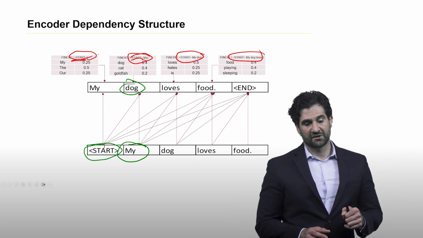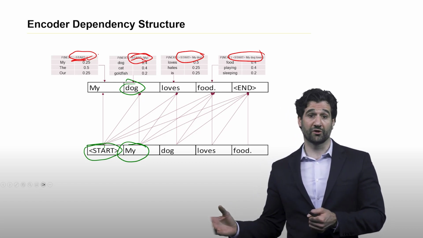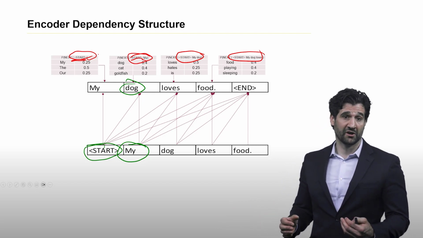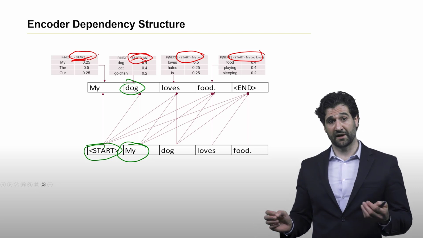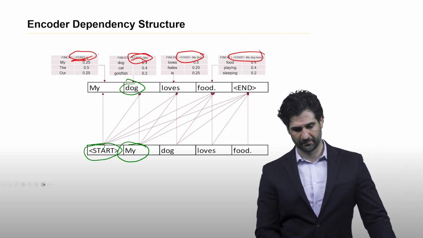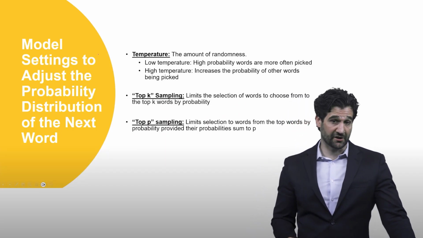On top of that, notice that we have a probability distribution over the word that gets picked next. Later in the lecture, we'll also discuss ways to modify how the language model selects from that probability distribution.